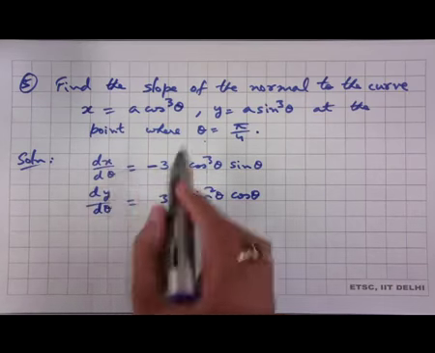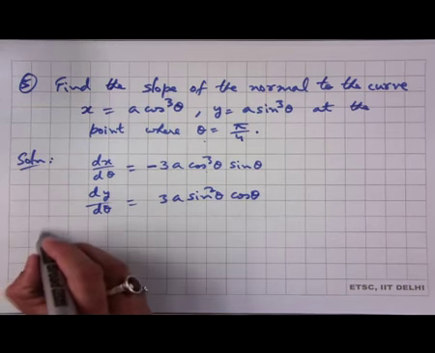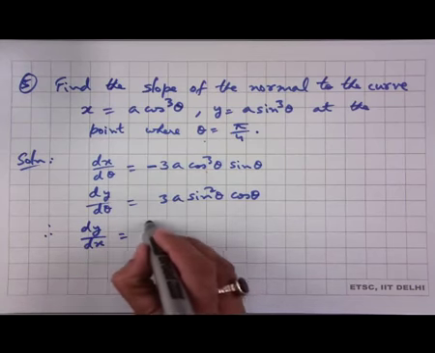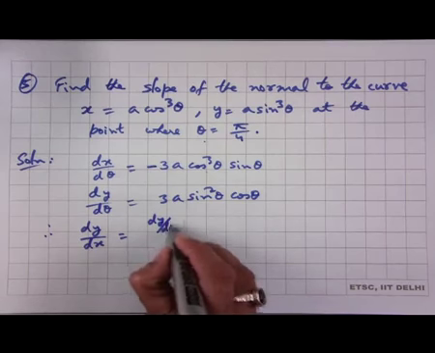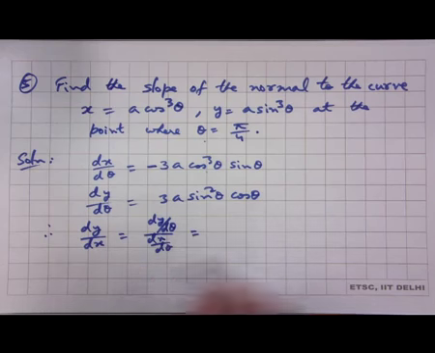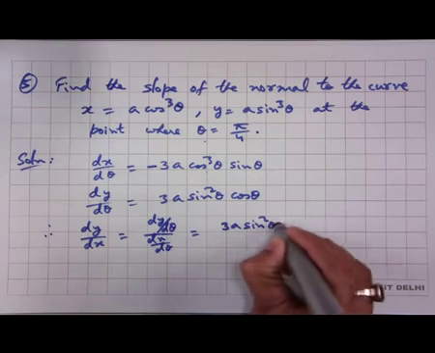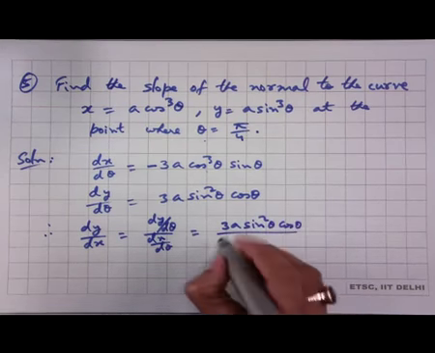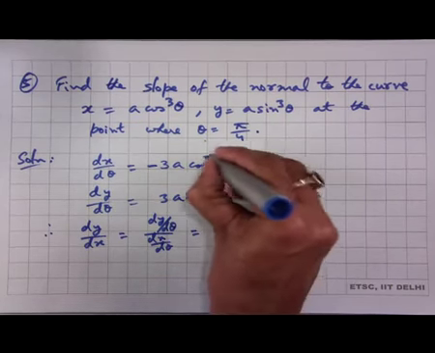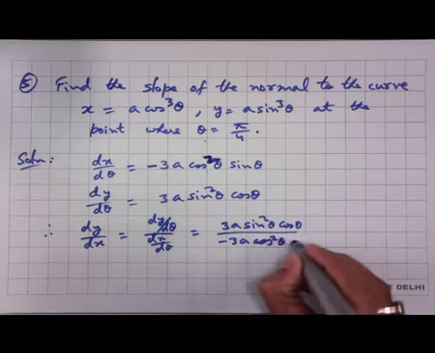So, we have calculated the derivative of x and y with respect to theta, and this implies dy/dx is equal to (dy/d theta) by (dx/d theta). So, this is equal to 3a sin squared theta cos theta divided by minus 3a cos squared theta times sin theta.